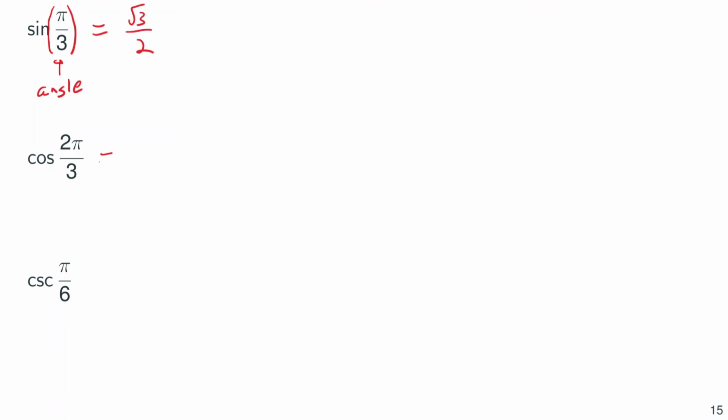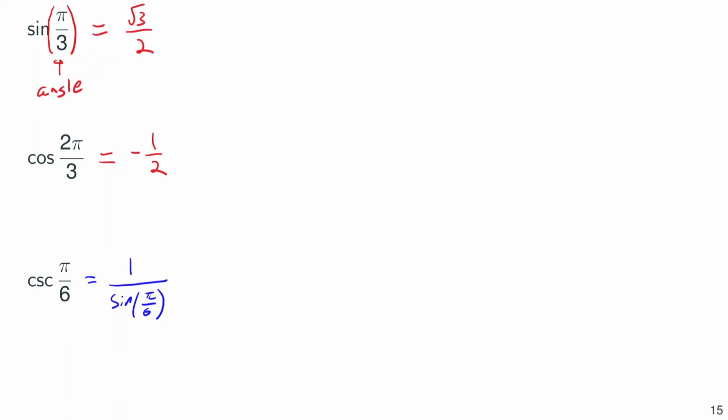Cosine 2 pi over 3. From the unit circle, again, we'll look at the x coordinate, which is horizontal distance. In this case, negative half. Cosecant pi over 6 is the same as 1 over sine of pi over 6, because cosecant is the same as 1 over sine.